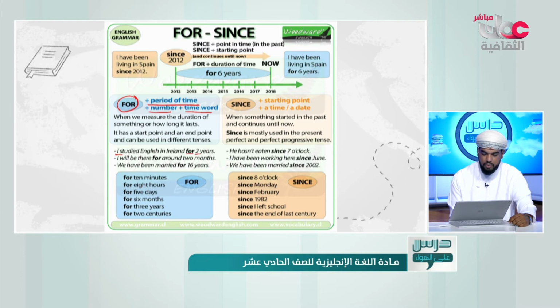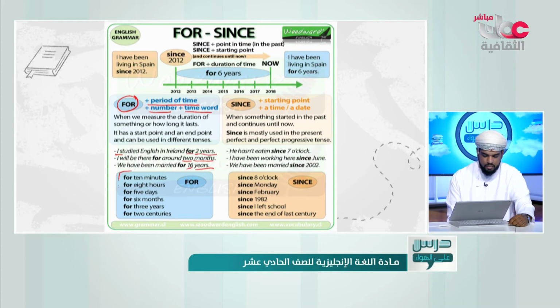So here, a number and then a time word. I will be there for around 2 months. Again, a number and a time word. We have been married for 16 years. So here we have a number and a time word. So that's how we use for.